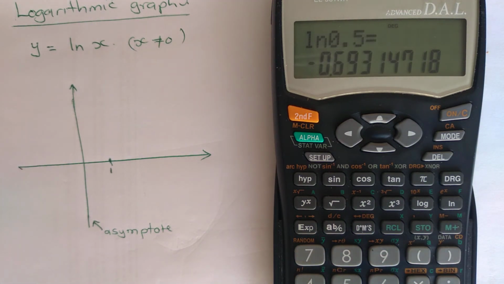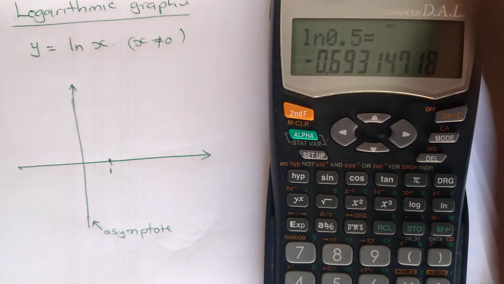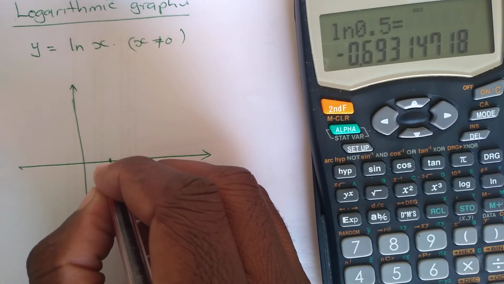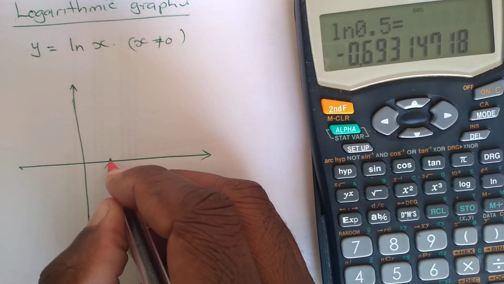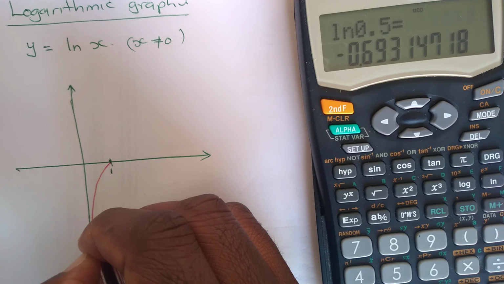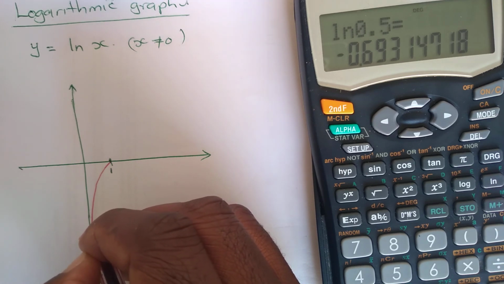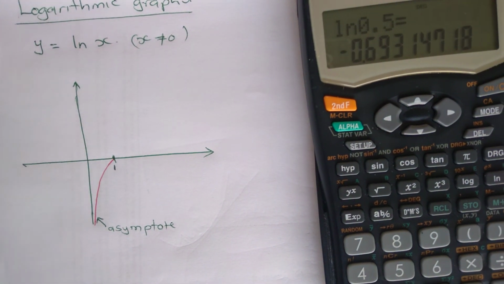So it tells you that the graph is going to go down like this, because we said there are no values on the x-axis, so the values will drop. Close to the y-axis we will get values where x is very small and y is very negative.